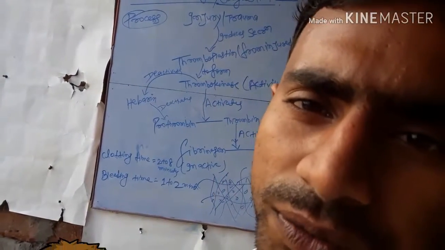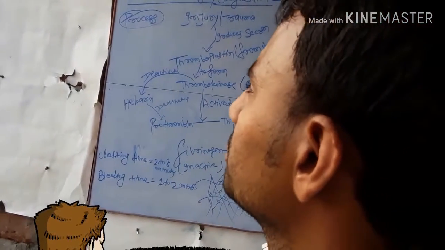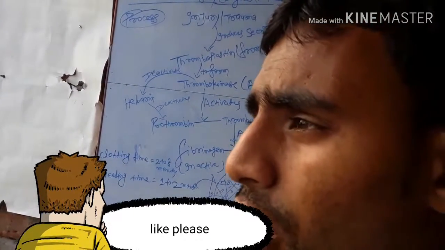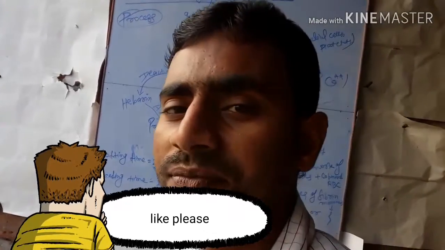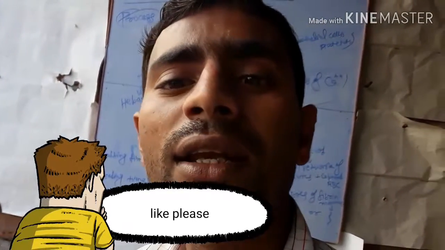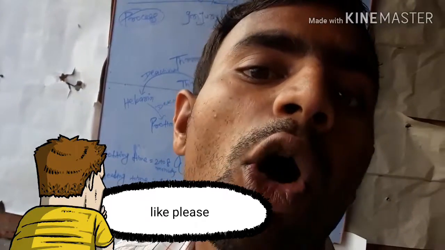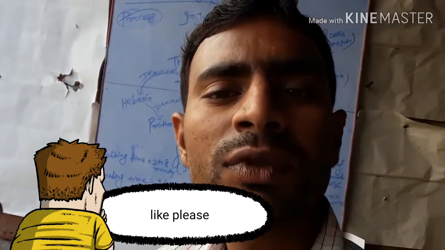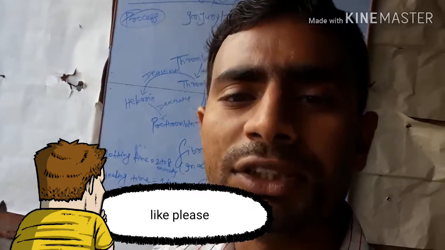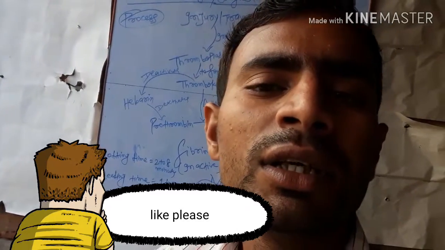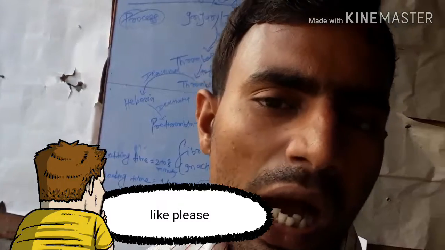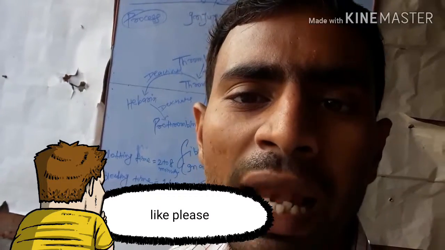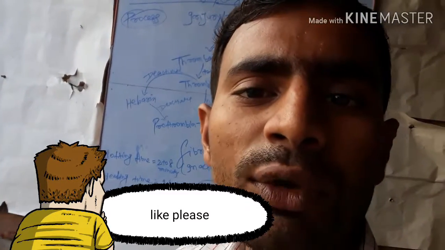First of all, the process. What is the process of blood clotting? Blood clotting will happen if first of all an injury happens. After that, blood is released from the injured part, and in that blood, at the place of injury, clotting will happen.